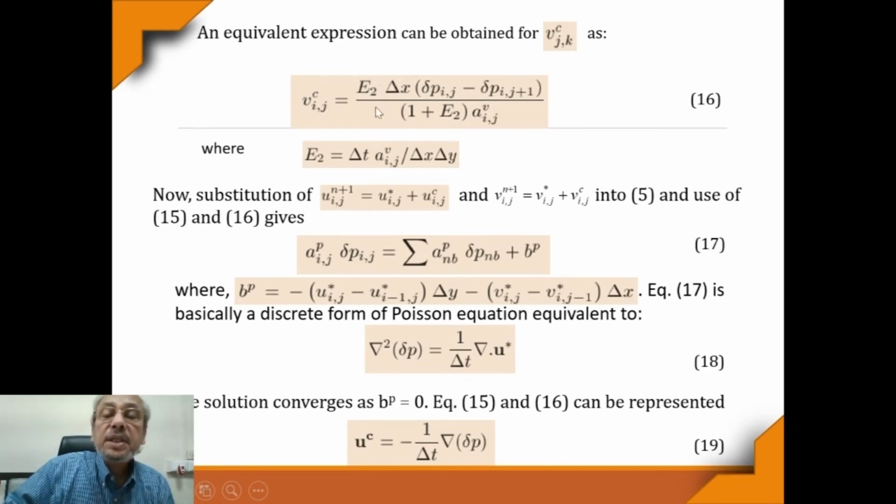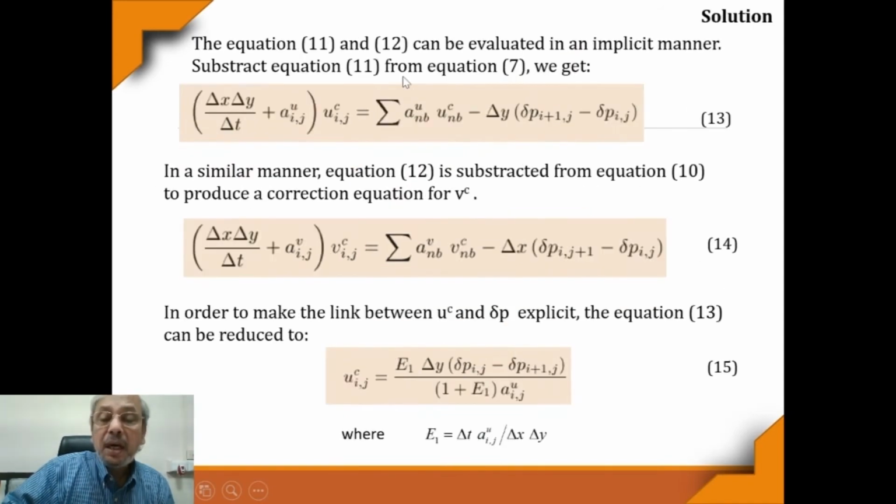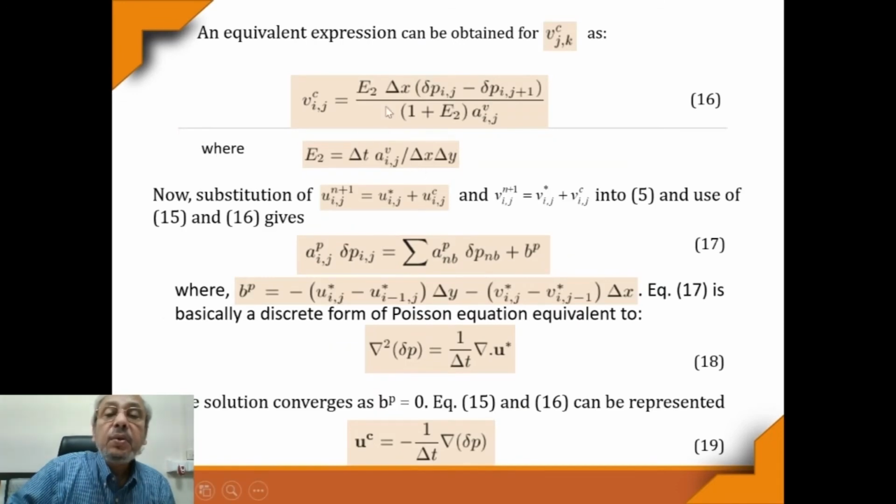Here also, after obtaining the expression from this equation and neglecting the neighboring terms, if we reorganize everything algebraically, we get this E2 appearing in the numerator and denominator, and E2 is delta t a_ij^v, the coefficient of V_ij whether at the n+1 level or n level, divided by delta x by delta y.